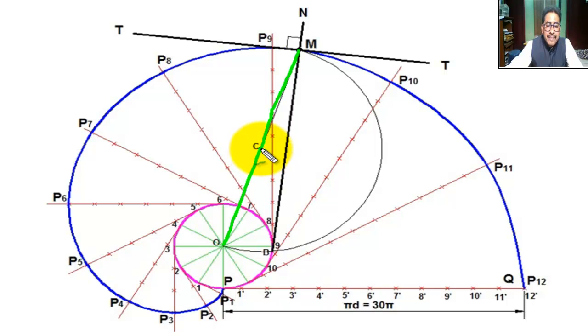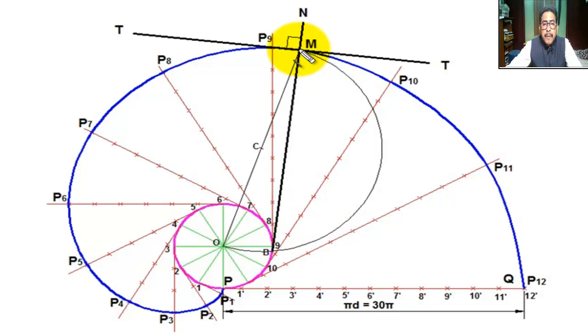At center C with radius MC, we draw a semicircle. This semicircle cuts the circle at B. Okay.